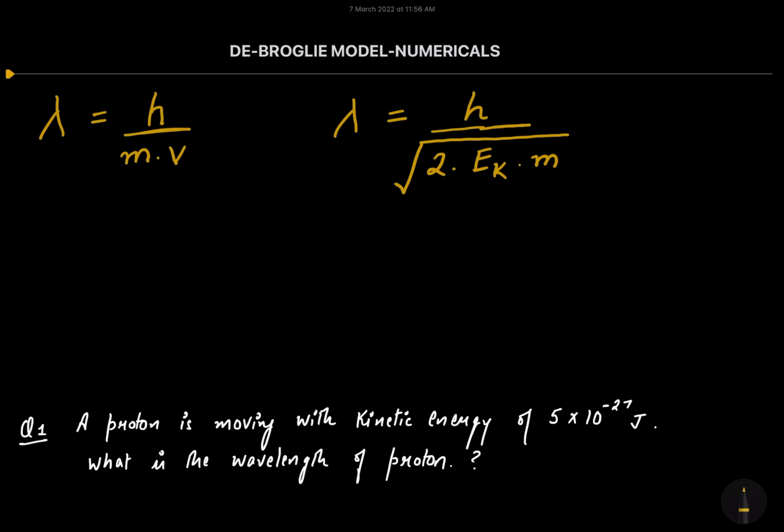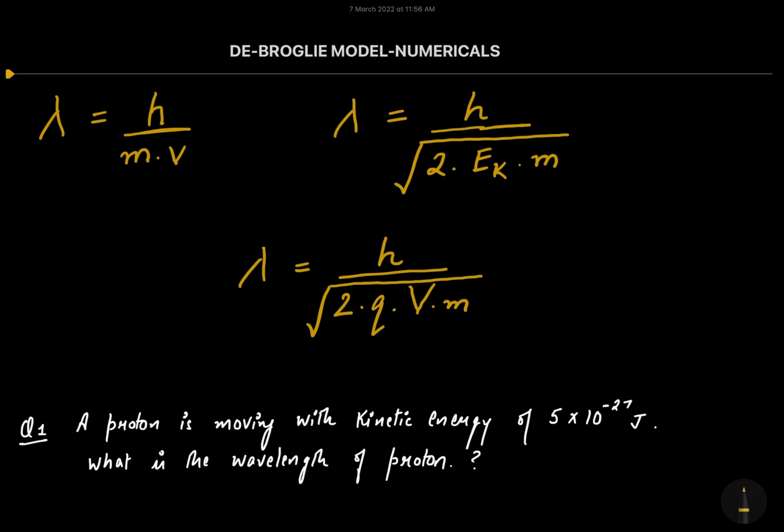And the third formula which I am going to use over here is wavelength is equal to h upon root of 2 q V m, where q is the charge of the moving particle, V is the potential difference, the capital V is potential difference, the small v is called velocity.